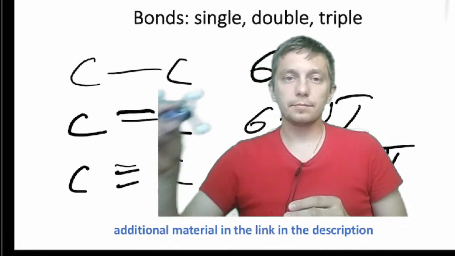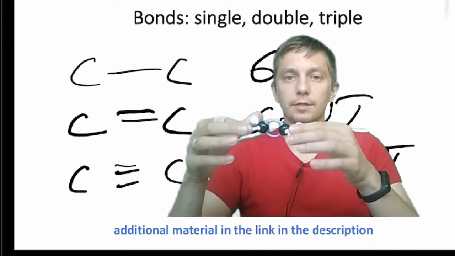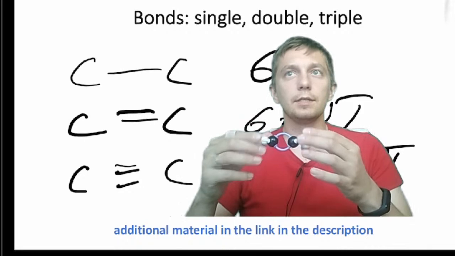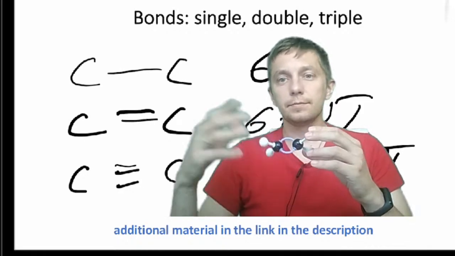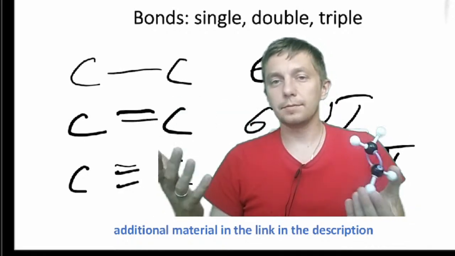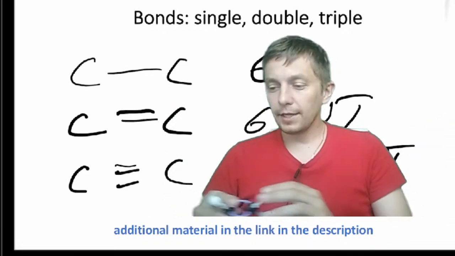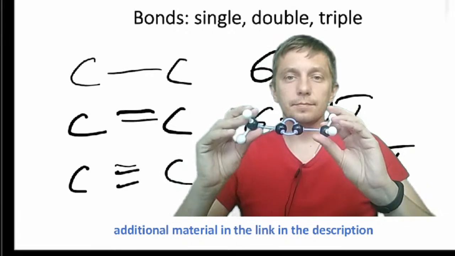Now a double bond, like in ethene, which is used for bananas. And a triple bond.